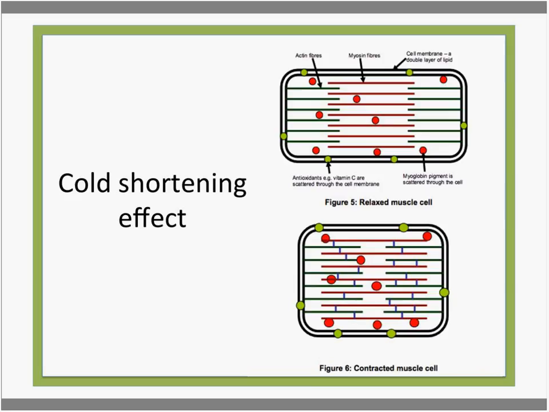So if you've normally got a cell that looks like this, with 2 different fibers, the muscle cell will contract, make the fibers overlay themselves, and you end up with a tougher piece of meat when you're eating it.